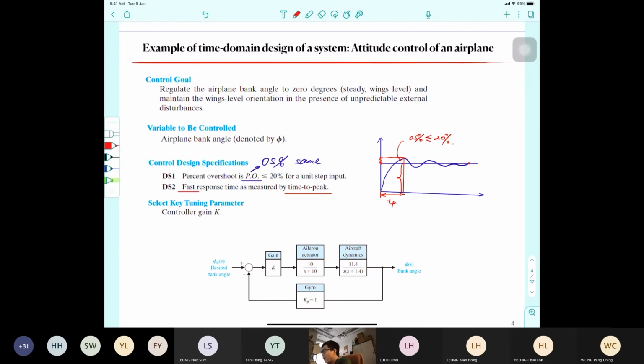Actually, after selecting the key parameter, we can have the simplified model of the bank angle controller like this.